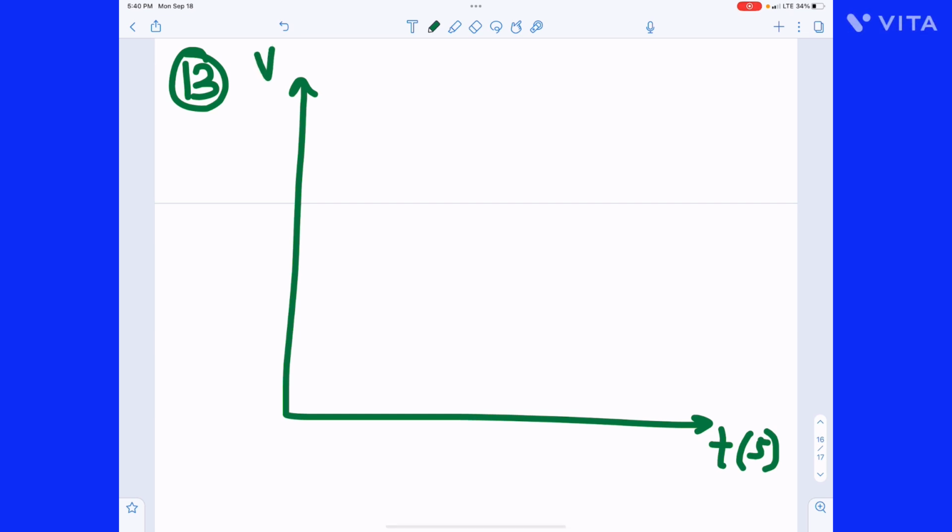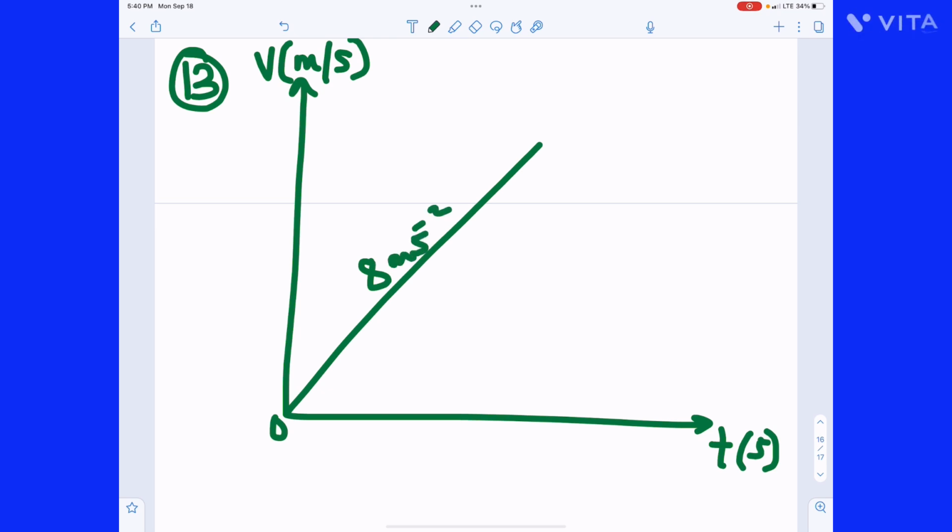Okay, velocity in meters per second. It starts from rest and accelerates uniformly at 8 meters per second squared. We are looking for the time taken to cover a distance of 1 kilometer.